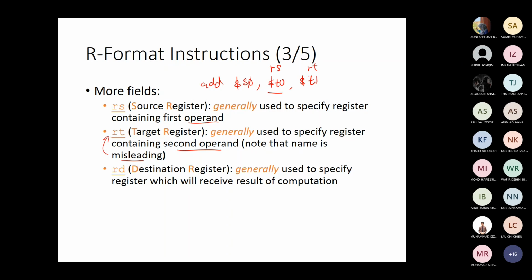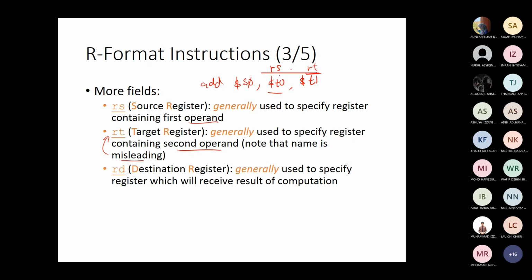You will see later the usage of this RT. RT can be a source and also RT can be a destination register. But look at the R format only. For R format, we have two sources, RS and RT.